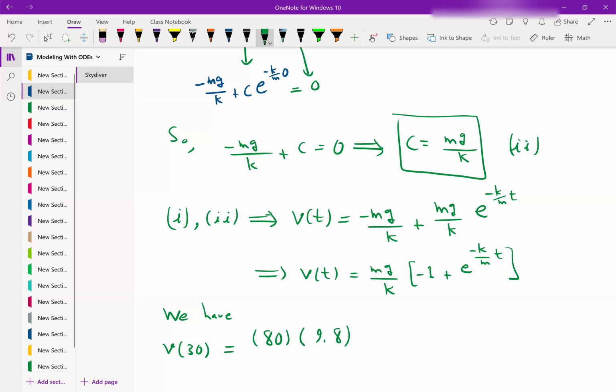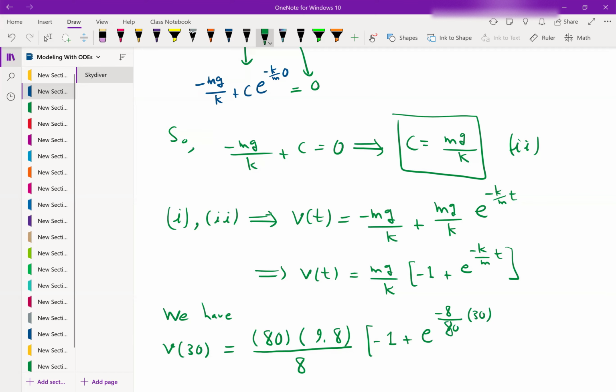The units: the mass is 80 kilograms and 9.8 is meters per second squared. We are using SI units here, if you're familiar with SI units. And then k, it was given to us, is 8 kilograms per second. And then we have negative 1 plus e to the power of negative 8 over 80 times t, and t is 30.